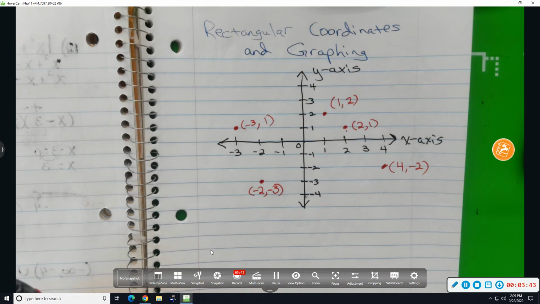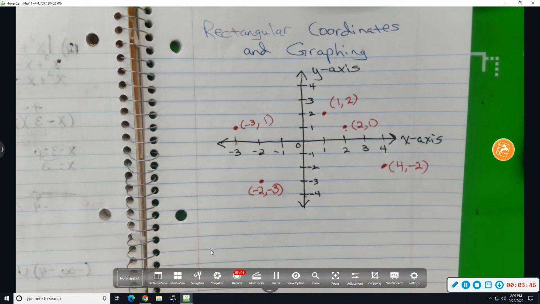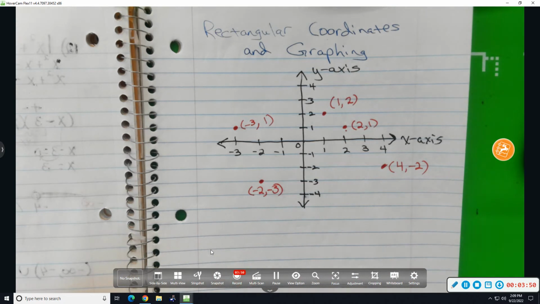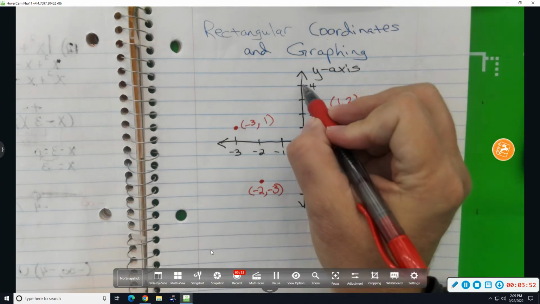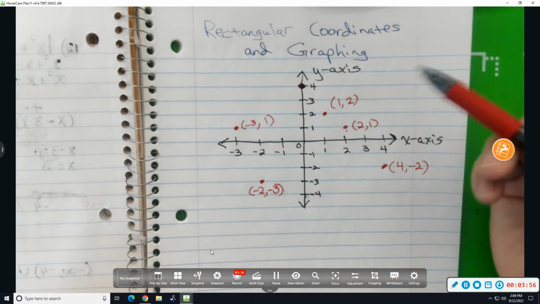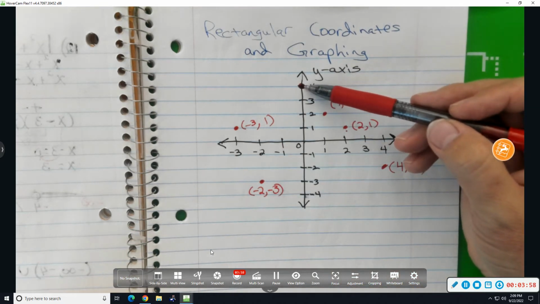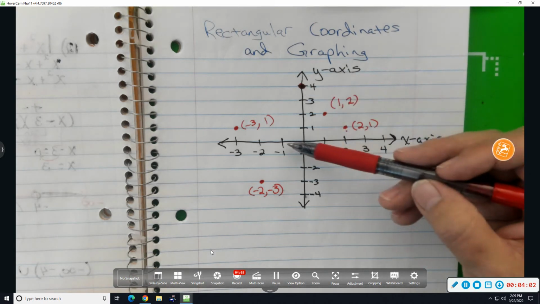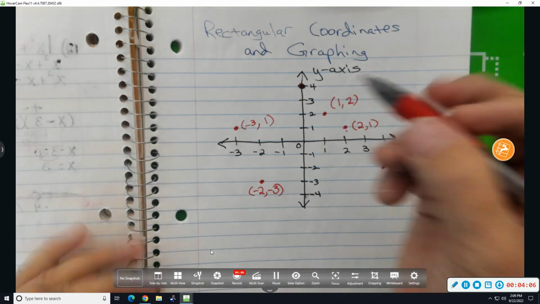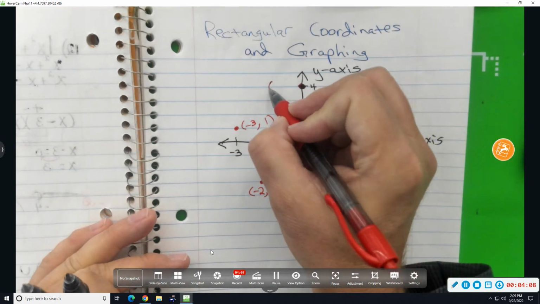I said that we could identify any spot on this plane through the use of ordered pairs. What about that one right here on the y-axis? What would be the ordered pair representation of that point I'm pointing at? Left, right, you'd move 0, so the x-coordinate is 0.